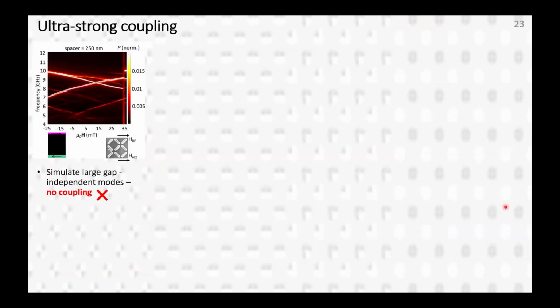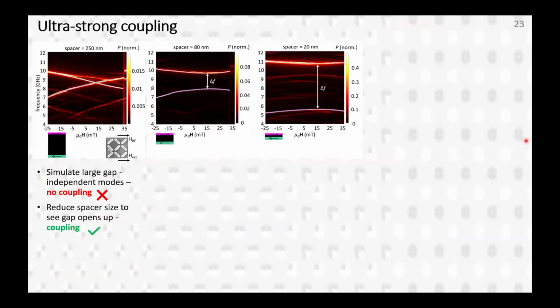So what is the coupling in this system? We simulated a basically decoupled system where we have a very large spacer layer, and we see that the two modes cross each other without any evidence of an avoided crossing, so no coupling in this system. As we reduce the distance between the two layers, that gap gets larger and larger.